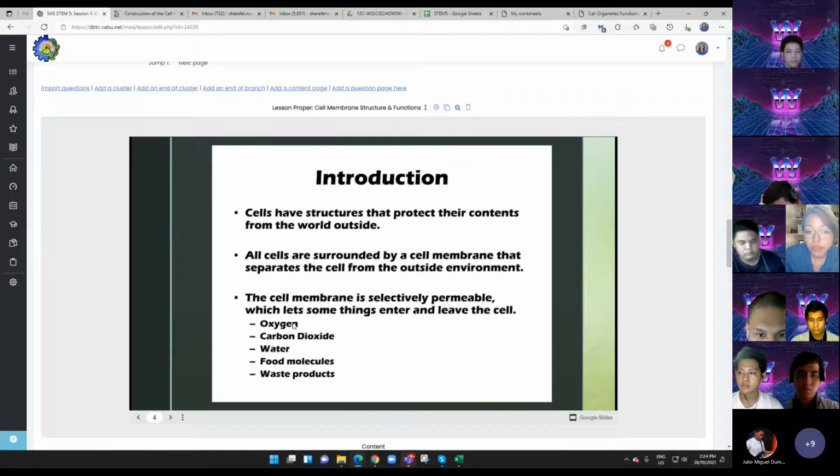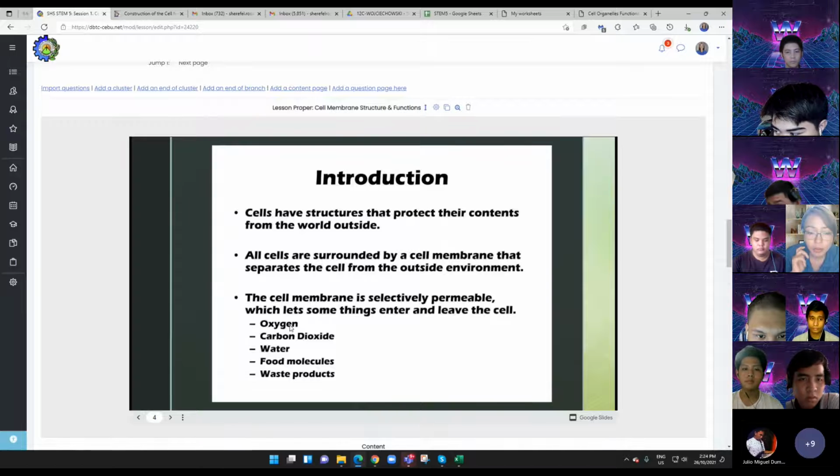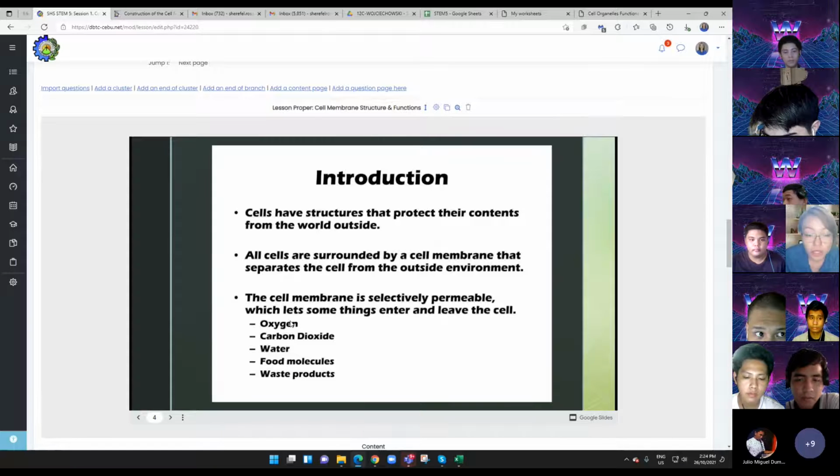So, makakita mo oxygen is a gas. So, how does it goes into the cell? What is the manner of going in and out of the cell? Carbon dioxide is also a gas. So you can see these are very important gases that we, kay mamatay tagwa tay oxygen, di ba? I will explain that in our cellular respiration, the role of oxygen gas in cellular respiration.